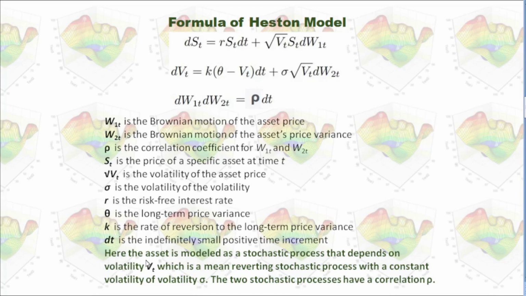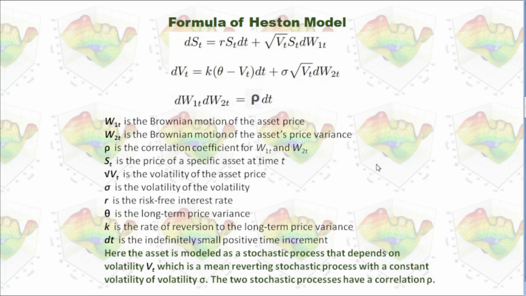Here, the asset is modeled as a stochastic process that depends on volatility Vt, which is a mean reverting stochastic process with a constant volatility, sigma. The two stochastic processes have a correlation ρ.